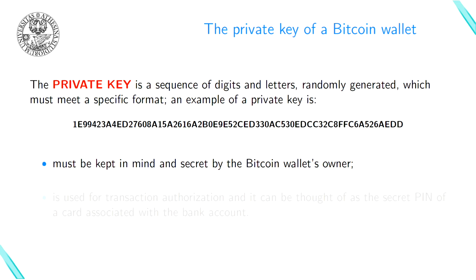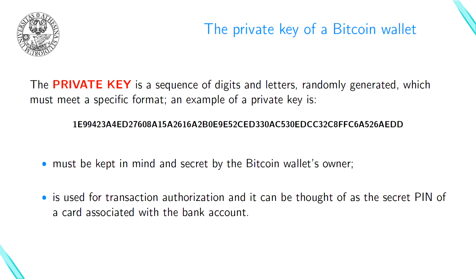The Bitcoin wallet's owner must take care to keep the private key in a safe place and use it only for the authorization of transactions. It's used for transaction authorization, and it can be thought of as the secret PIN of a card associated with the bank account.